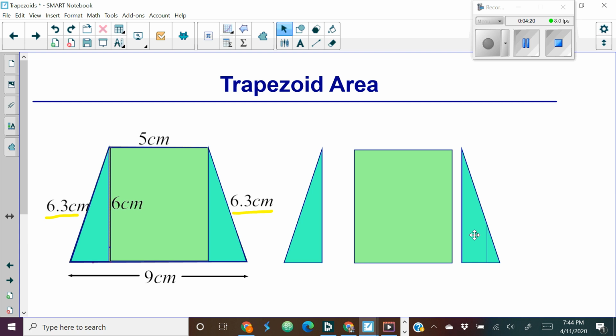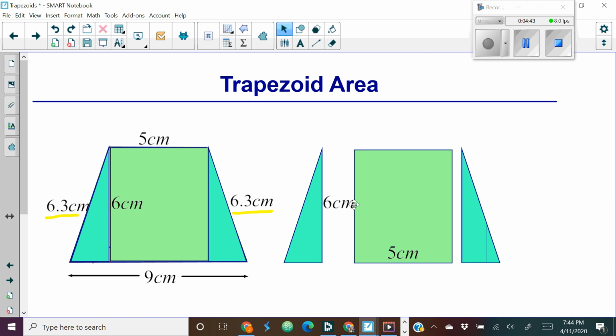In order to find the area of each of those, I need to figure out what the base and height of each is. So this is 5 centimeters, just like the last problem. And the height of each of these is 6 centimeters. So I'll put that in the middle.